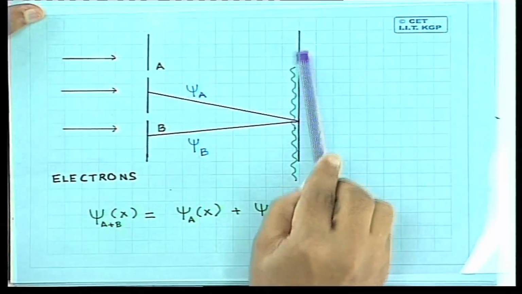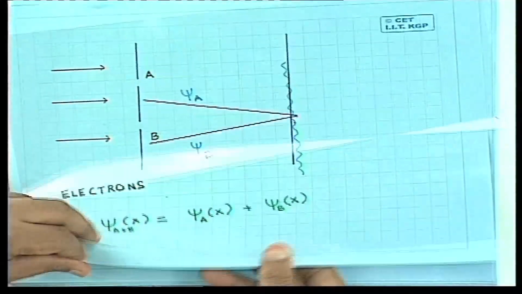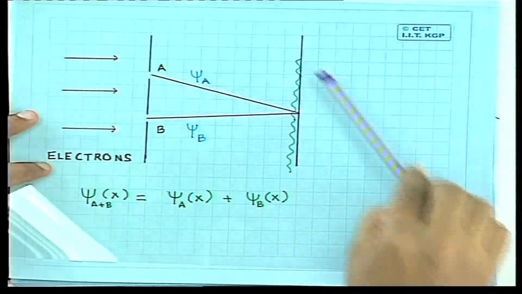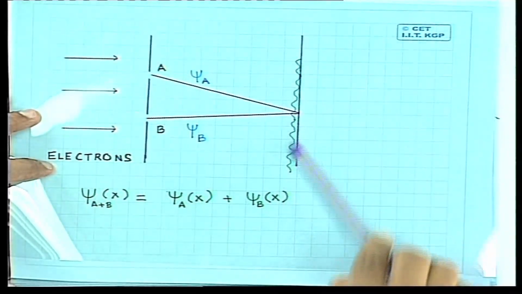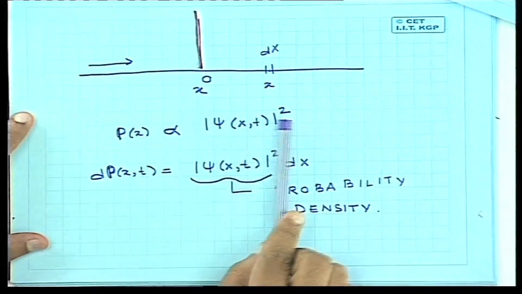Now, how do we interpret this wave? We interpret this wave as follows. The probability of finding the electron at any point on the screen is proportional to the mod square of the wave function.